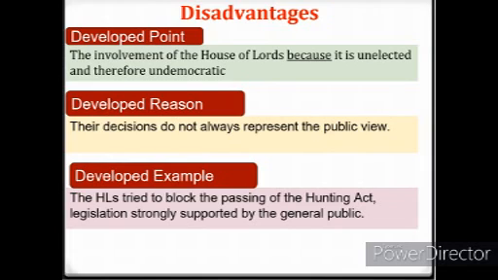Yet the House of Lords tried to prevent that bill from becoming law. Remember that the House of Commons had to use the Parliament Act in order to force the piece of legislation through. So that's a really good example of the House of Lords not representing the public's wishes.